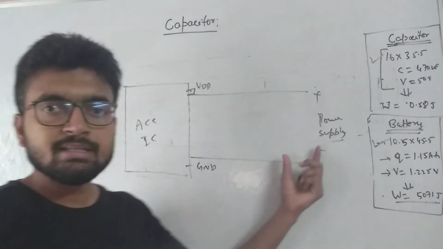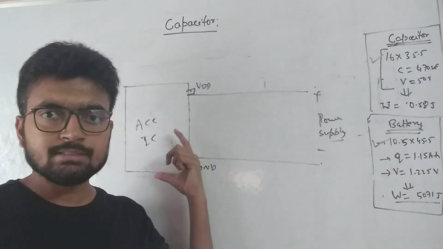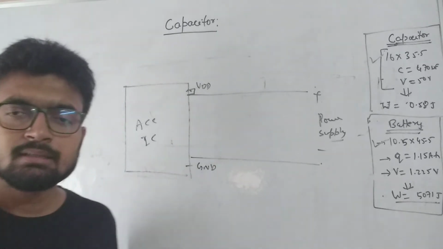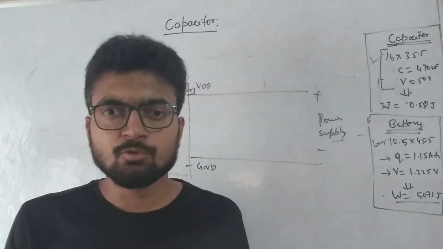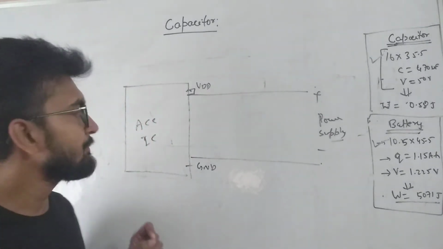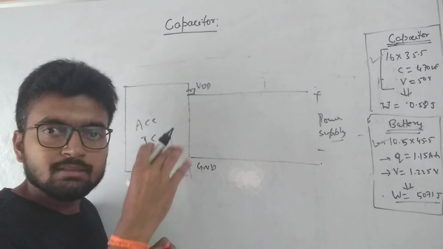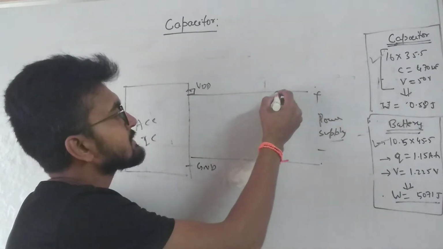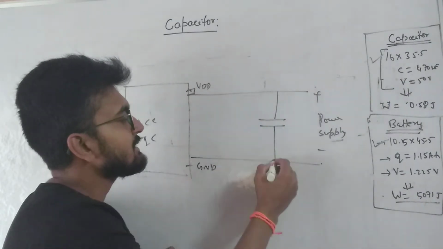So what happens when we connect a power supply to an accelerometer IC? At times, through the power lines, the voltage drops for a very short time. To avoid that drop in the voltage, a capacitor is attached between these terminals.